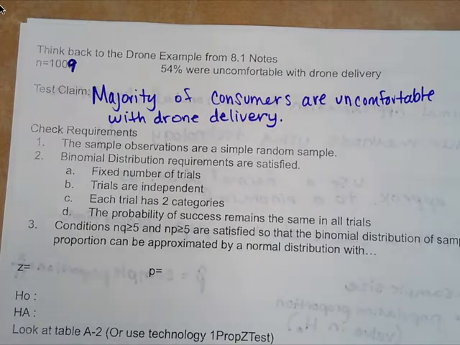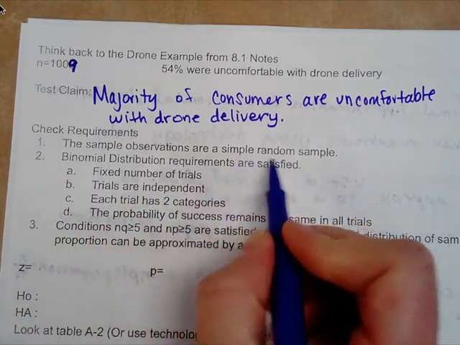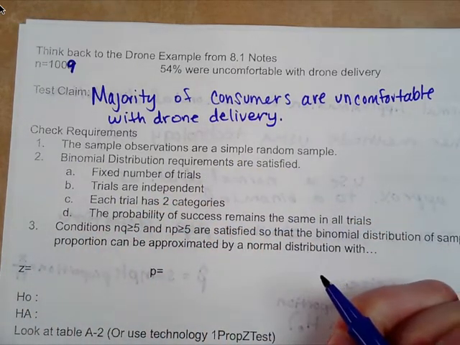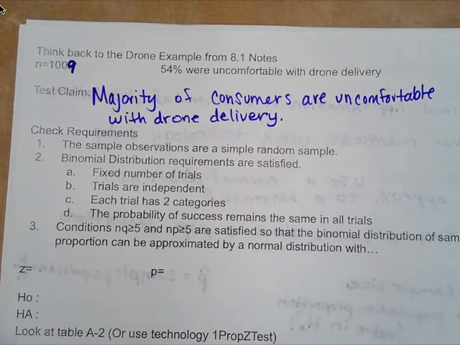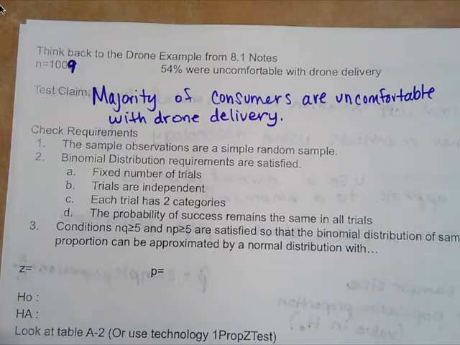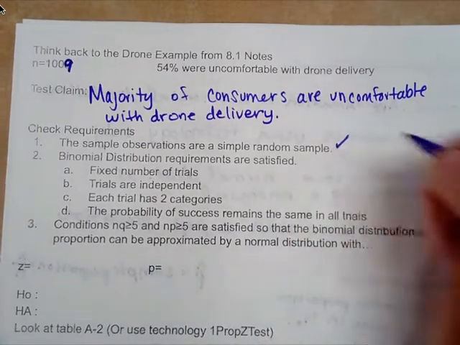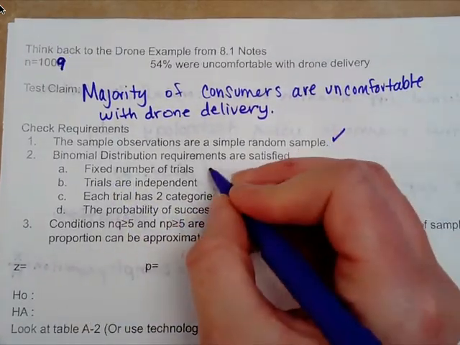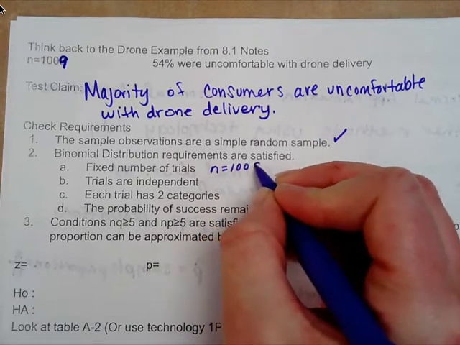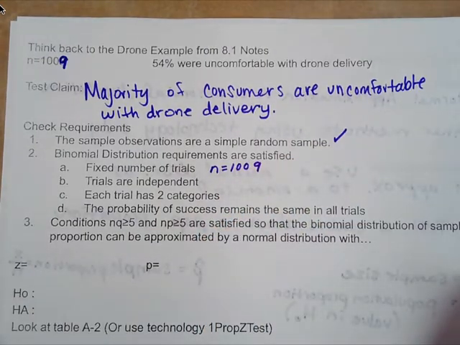So we need to check requirements before we think of this as a binomial distribution. Sample observations are simple random. They collected it from doing a poll. This is in the beginning of chapter 8 in the book. So this is true. Fixed number of trials. There were 1,009. Trials are independent.